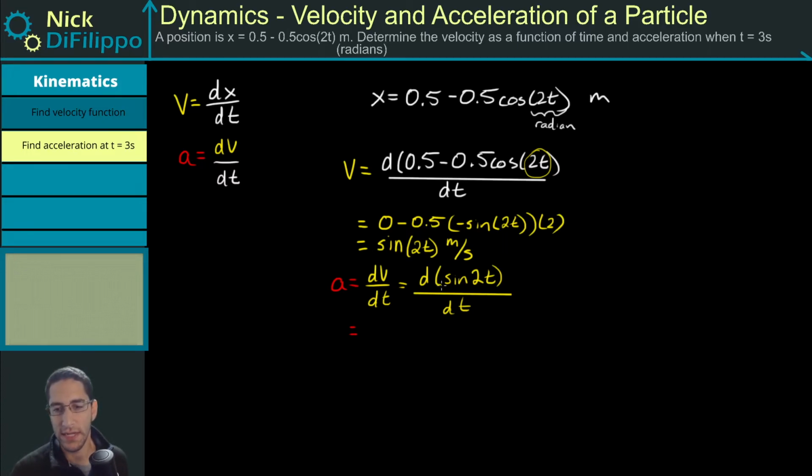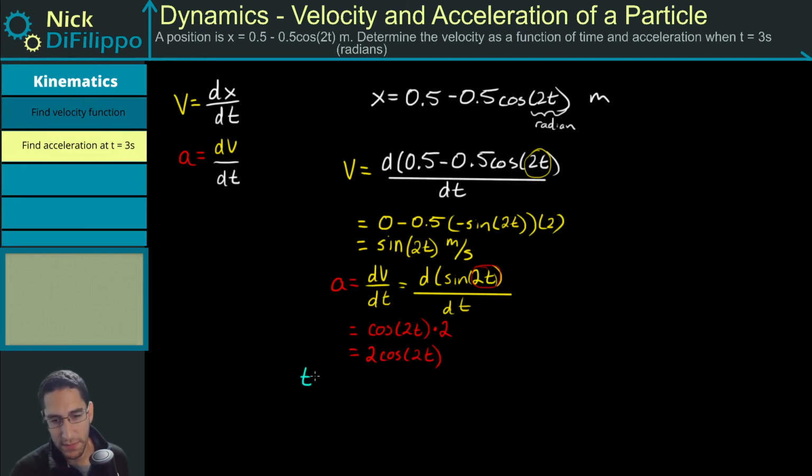The derivative of sine is cosine, and we leave the inner term alone. Then we multiply by the derivative of the inner term, which is 2. So our acceleration is equal to 2 times the cosine of 2t, but we're not done just yet.